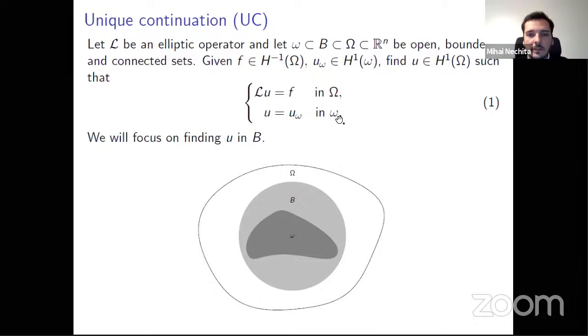So the data for this problem is represented by f and the restriction of u in omega. And we want to recover u everywhere, or in a subset B, as shown here in the picture.